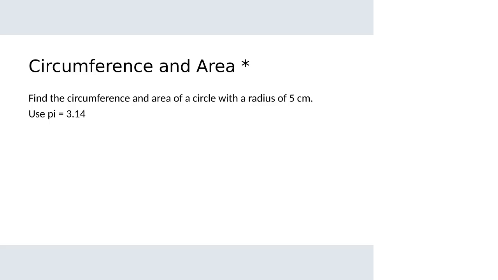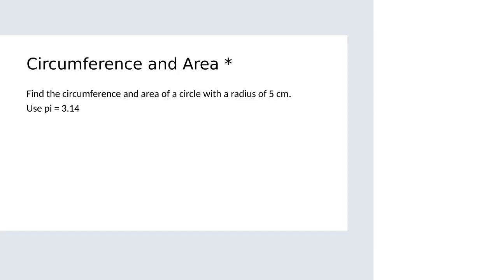Let's see how we did here. Unanimous. Fantastic. That's kind of how I expected this one to go, but it's always nice when it turns out that way. This one is really just about using the formulas for circumference and area of a circle. For circumference, I could use pi times d, or I could use 2 times pi times r.